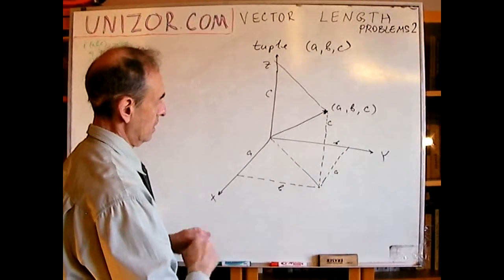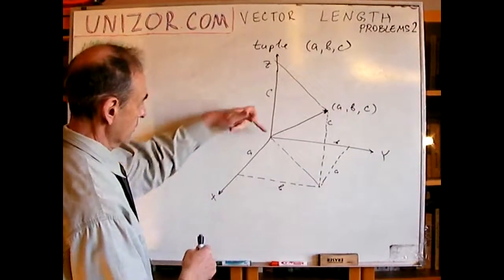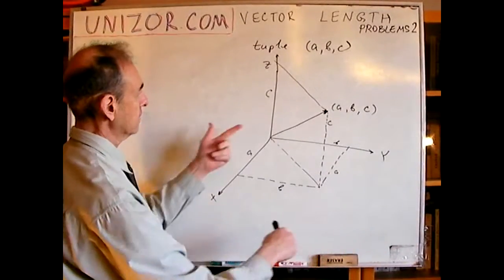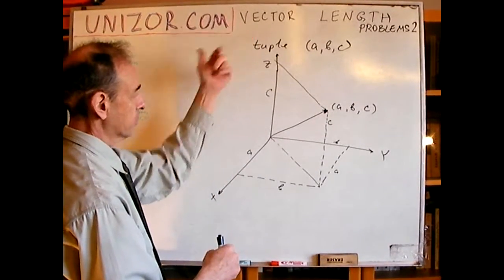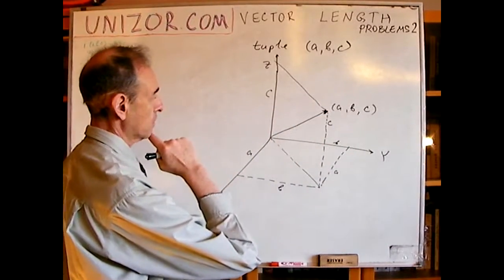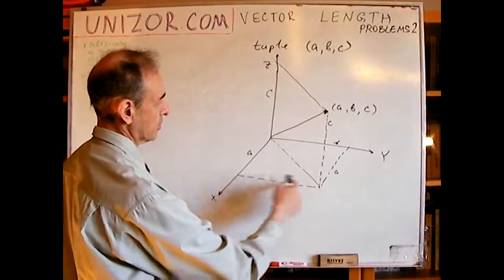So try to imagine this in 3-dimensional space. These 2, x and y, form the horizontal plane. Z goes up. Now this is the vector which has coordinates a, b, and c, and these are projections.